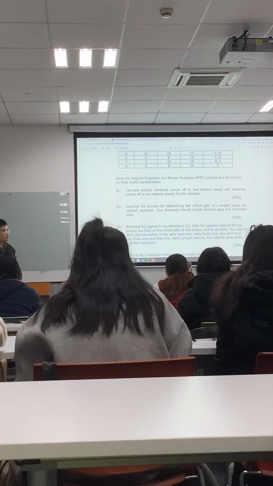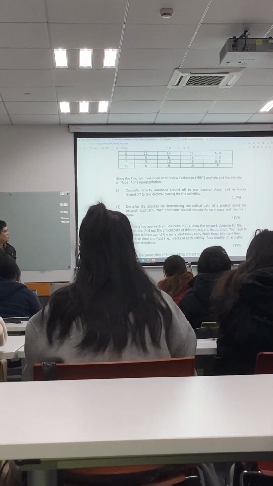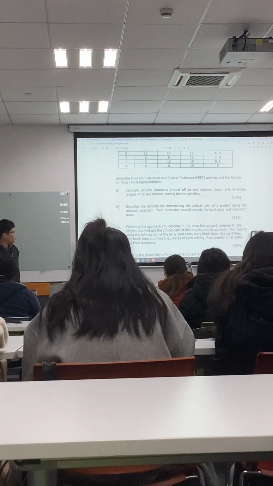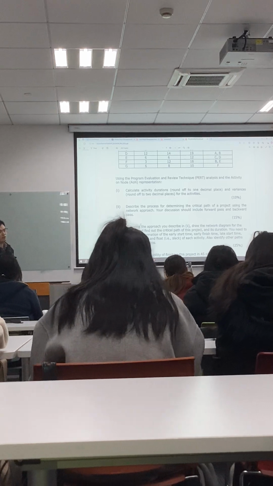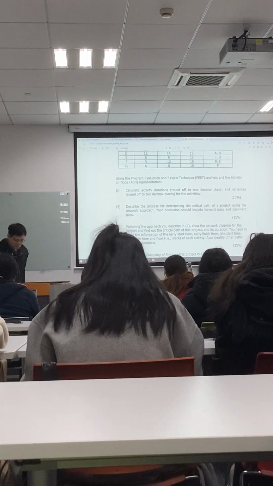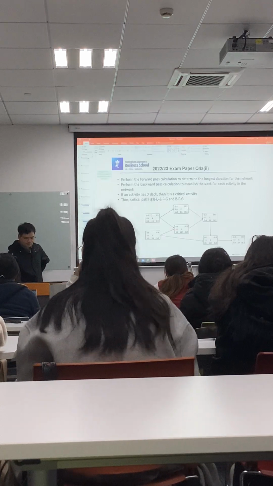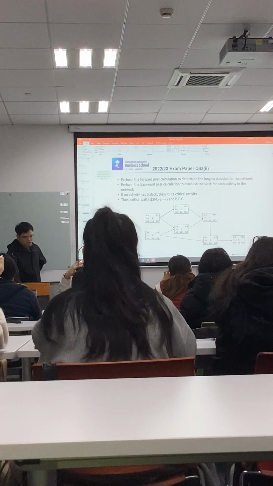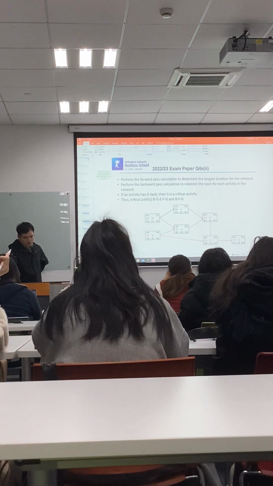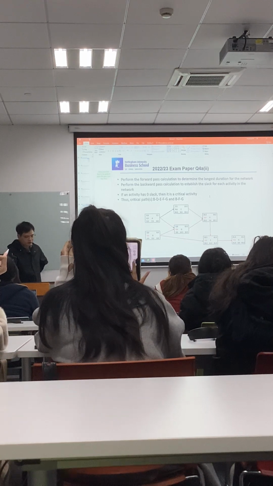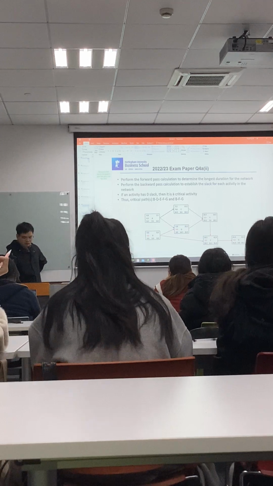Then those activities with zero float or zero slack will be on the critical path, and you can identify the critical path. You can see the answer here.